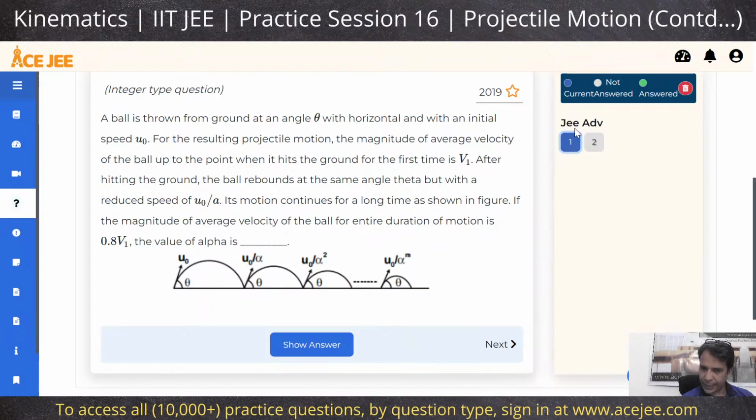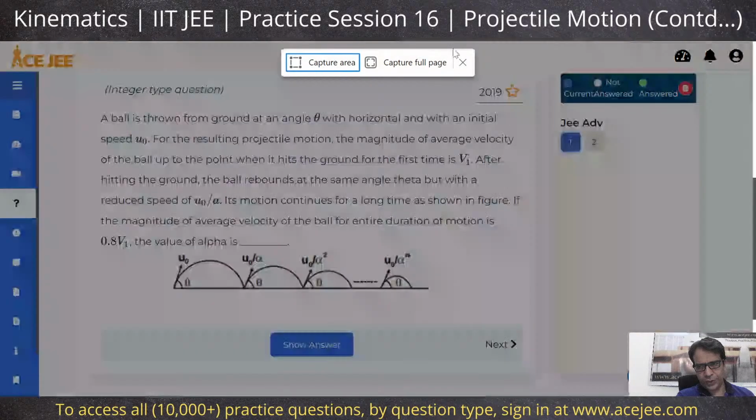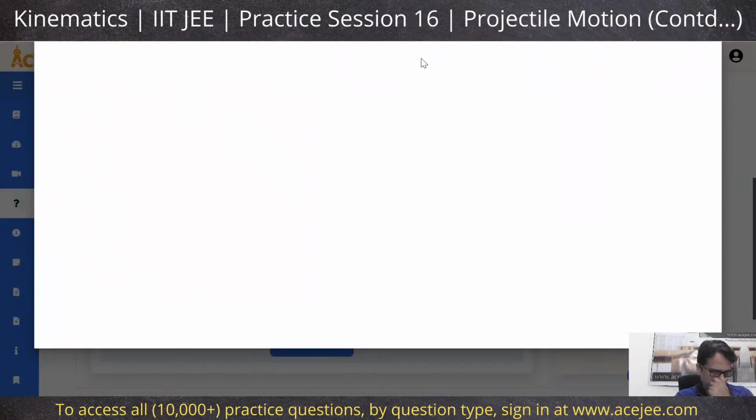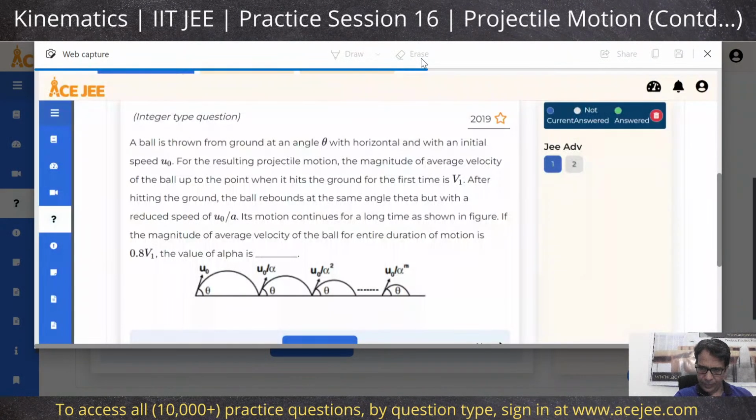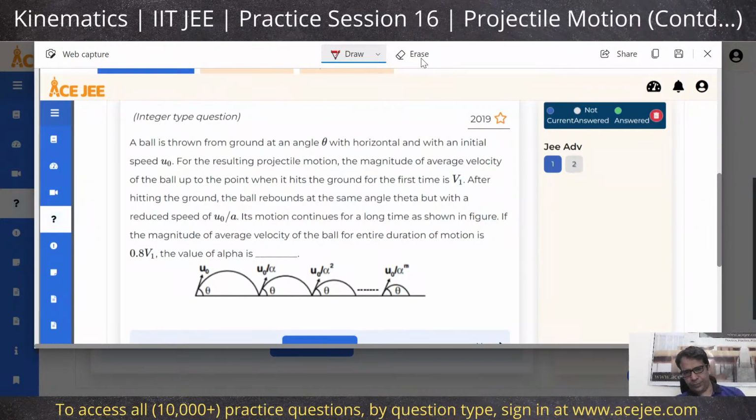The question is asking, what is the value of alpha if the average velocity for the entire duration is 0.8 v1? So shall I approach this question and you guys can help me out here?